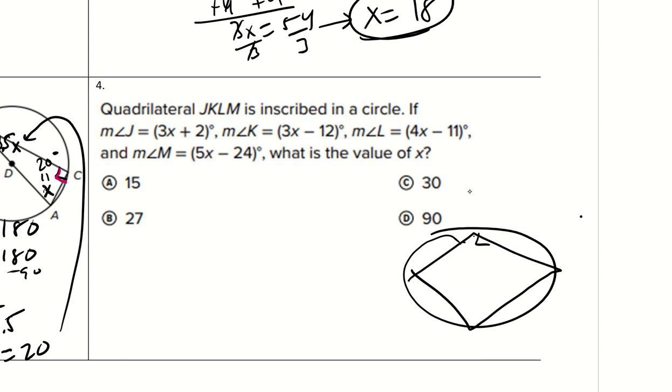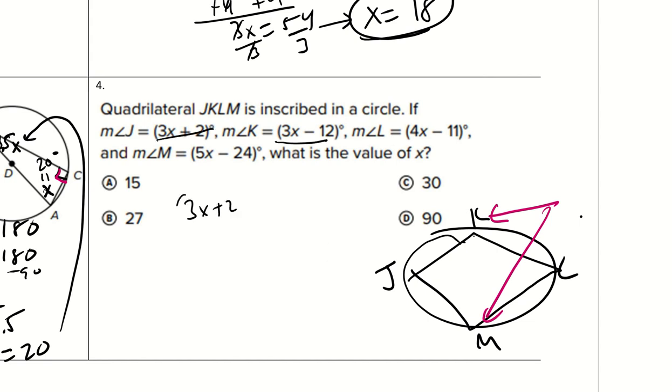So let's label this JKLM. Let's take a look at K and M because they should add up to 180, and also J and L add up to 180 as well. So we'll just do K and J, and add those to 180.